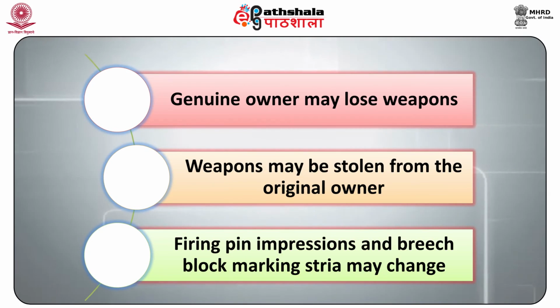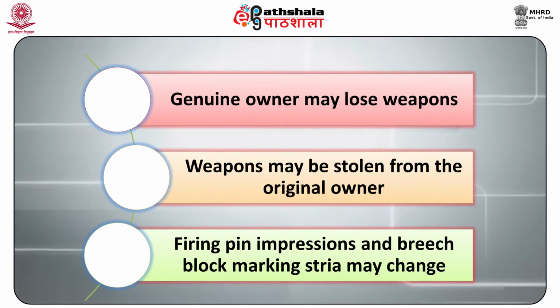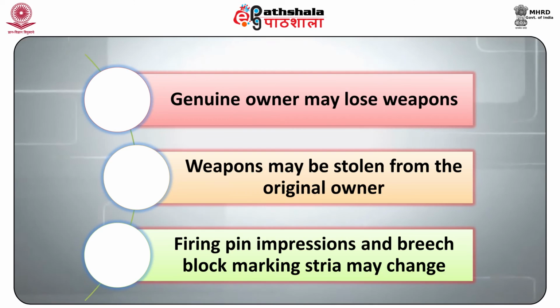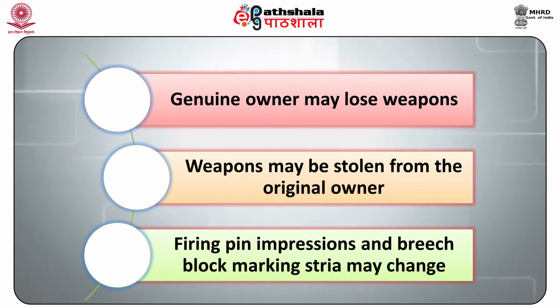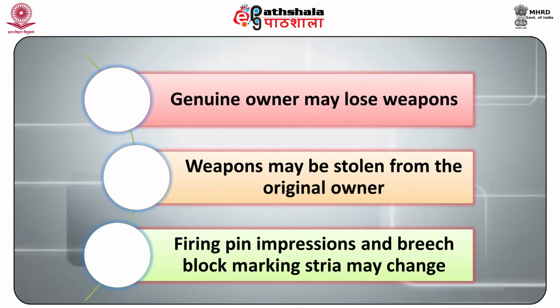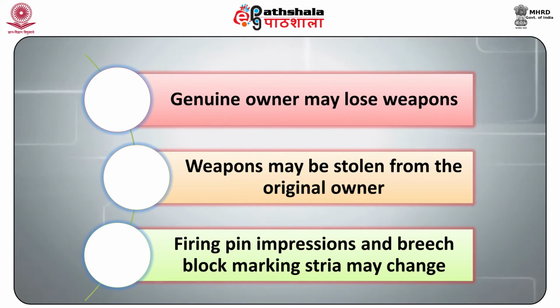The genuine owner may lose the weapon. Weapons may be stolen from the original owner. In case of firing of several rounds within a short time, firing pin impressions and breech block markings, like bullet striae, may change enough so that they can no longer be matched to a test fire cartridge.